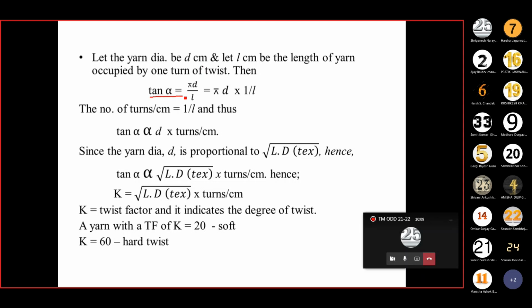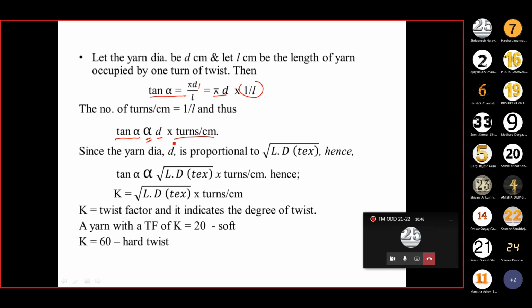So your tan alpha is pi d upon L. We know that 1 upon L is the turns per centimeter. Here, if we separate pi d, the remaining will be 1 upon L, which is the turns per centimeter. So we can write that tan alpha is directly proportional to the diameter into turns per centimeter.